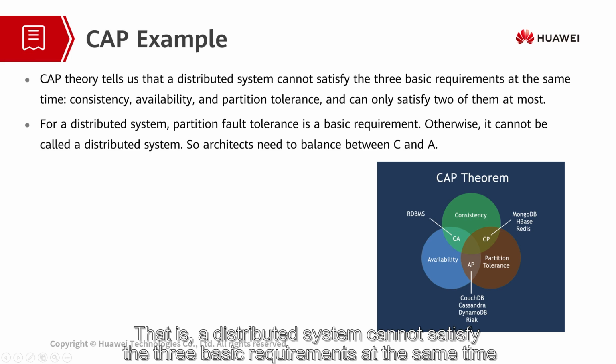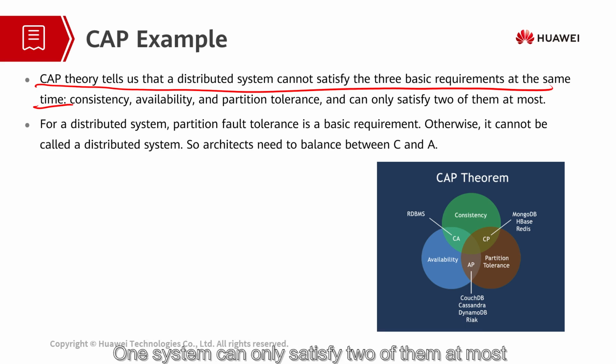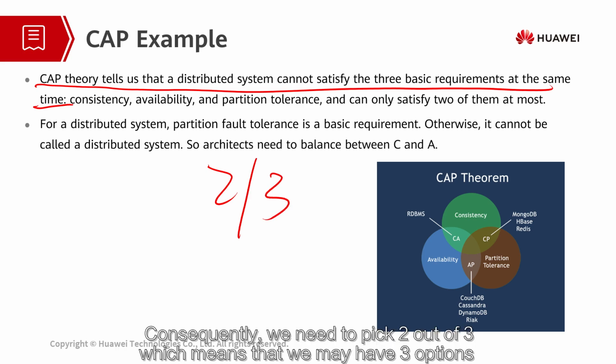That is, a distributed system cannot satisfy the three basic requirements at the same time. One system can only satisfy two of them at most. Consequently, we need to pick two out of three, which means that we have three options.